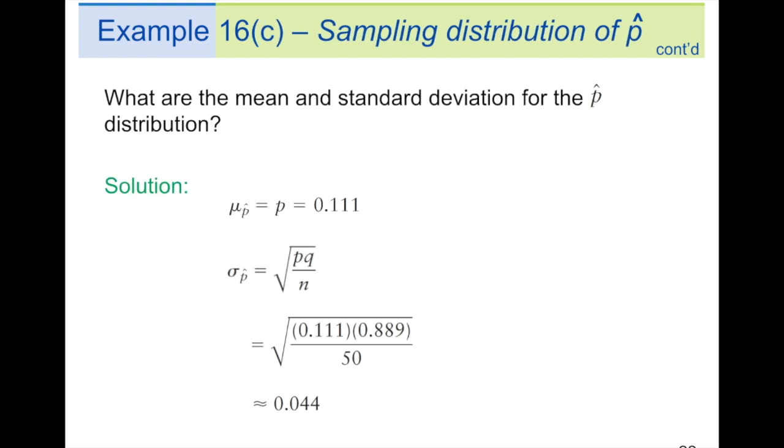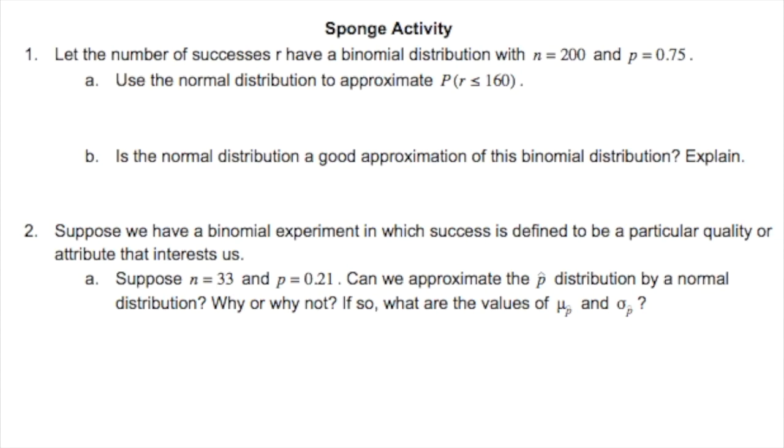What are the mean and standard deviation for the p hat distribution? Well, the mean is p, 0.111. The standard deviation is the square root of pq over n, so 0.111 times 0.889 divided by 50, which is 0.044.